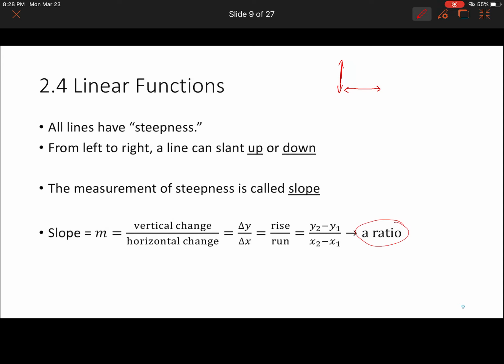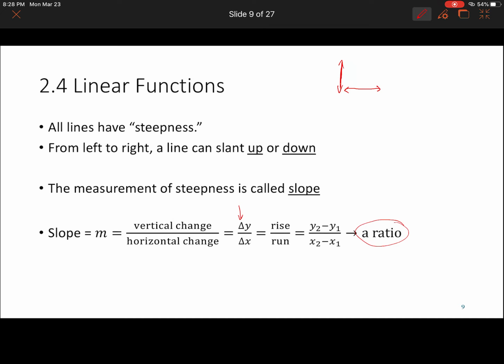And so we call that a vertical change divided by a horizontal change. You could also use this notation, by the way, that the delta symbol means the change in y divided by the change in x. That's how we would say that.